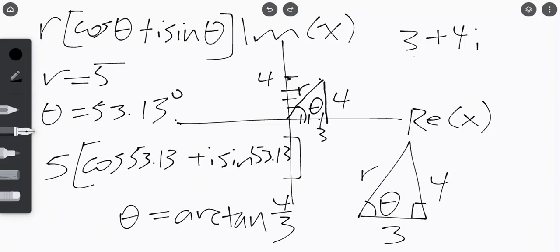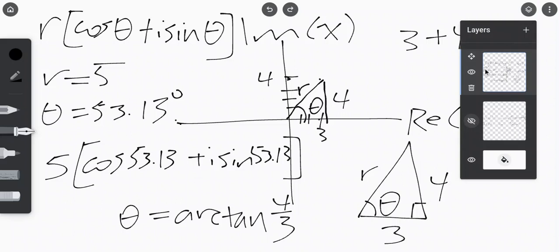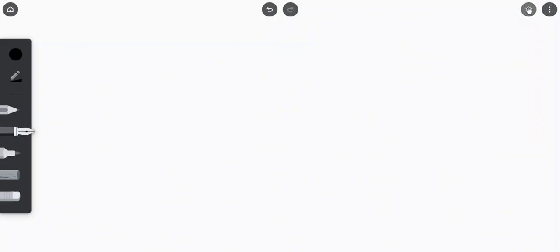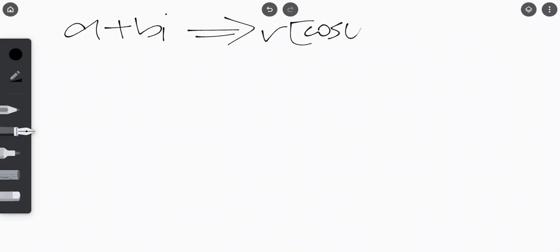And just like that, we are done. We've converted 3 plus 4i in rectangular form to 5 times cosine of 53.13 plus i sine 53.13, which is polar form. Now let's try to generalize this process. How can we convert any number, a plus bi, into polar form, r cosine of theta plus i sine theta?